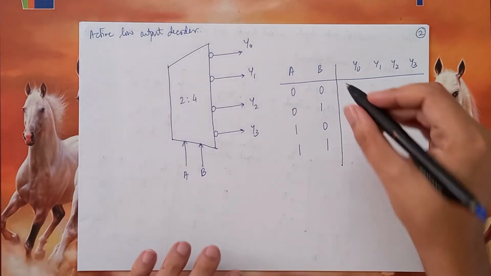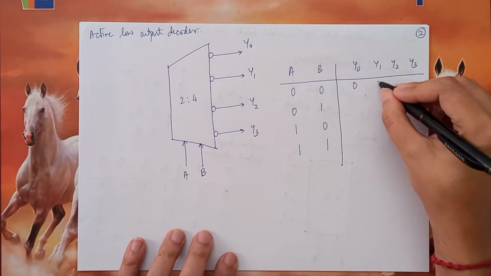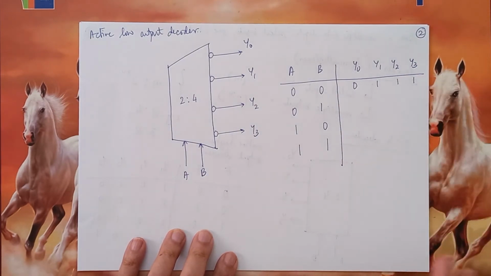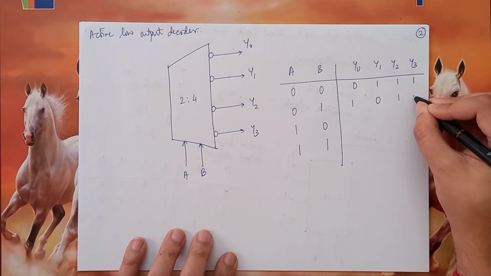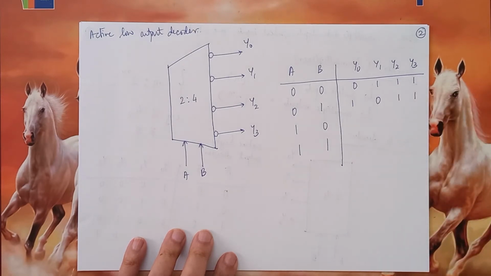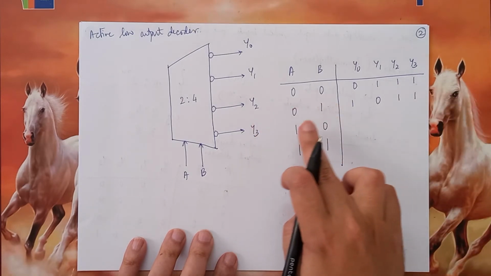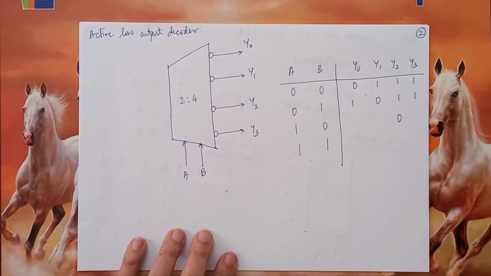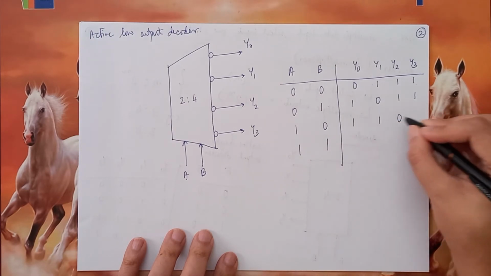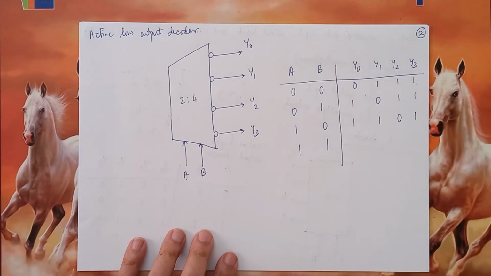The activated output becomes 0 and the rest of the outputs remain 1. It is the exact opposite of the earlier case, which was an active high output decoder. When A and B are now 0 and 1, Y1 becomes 0 and the other outputs become 1. When A and B are 1 and 0, Y2 becomes 0 and the rest of the outputs stay 1.